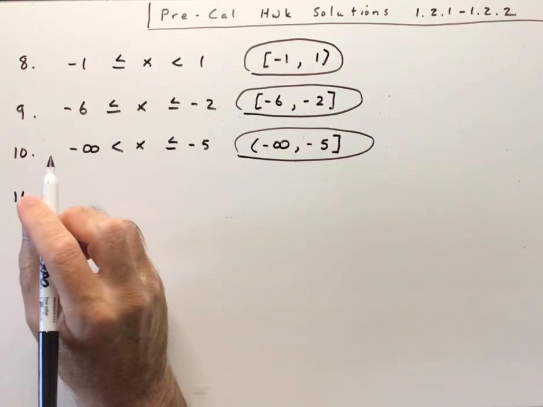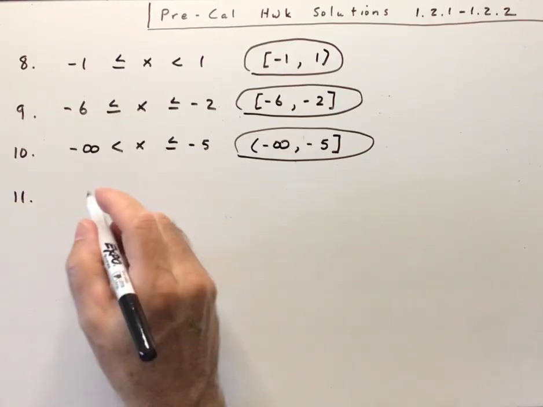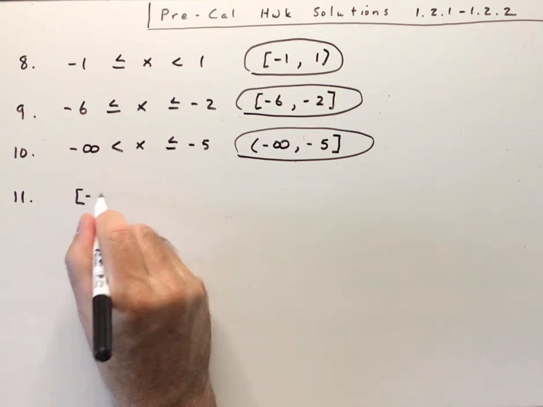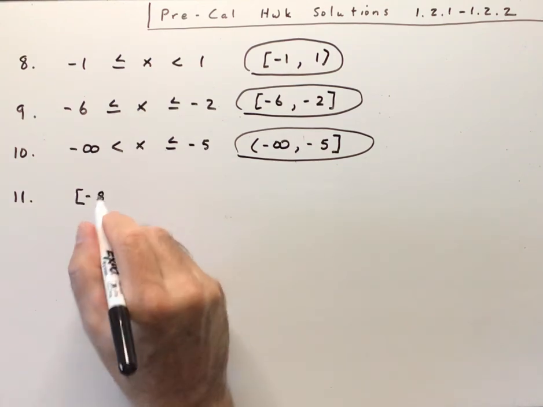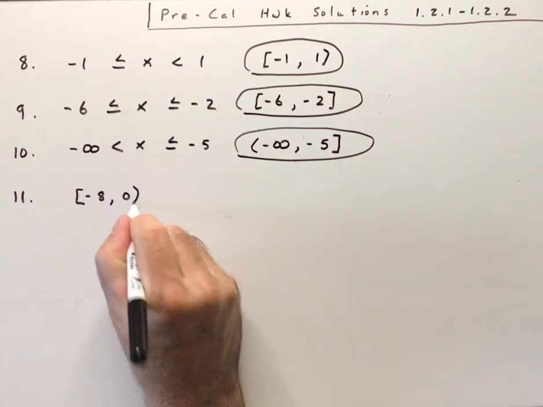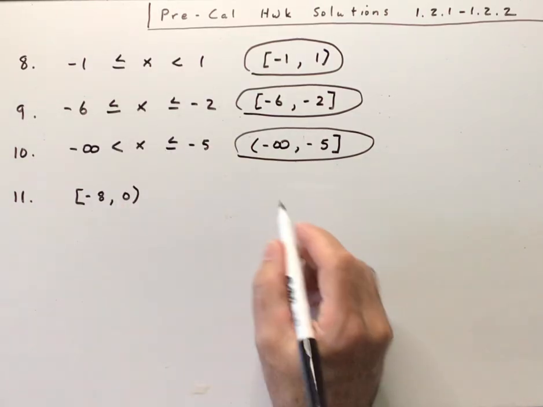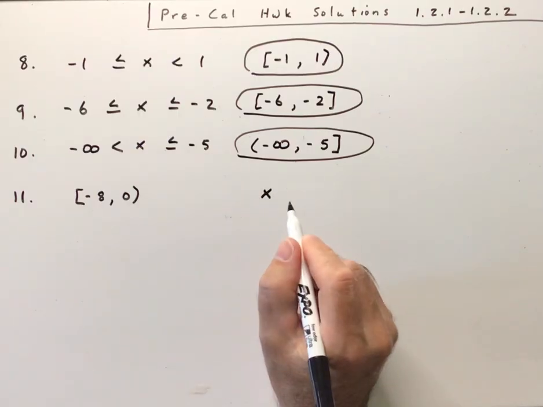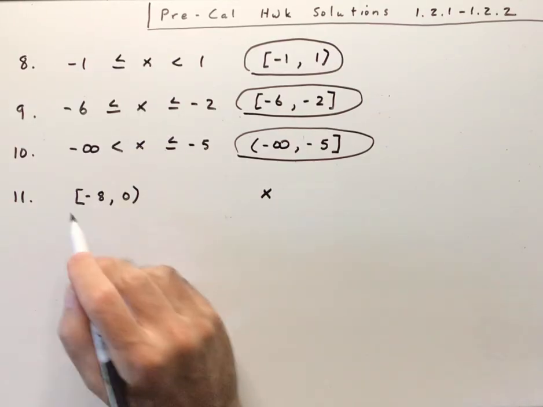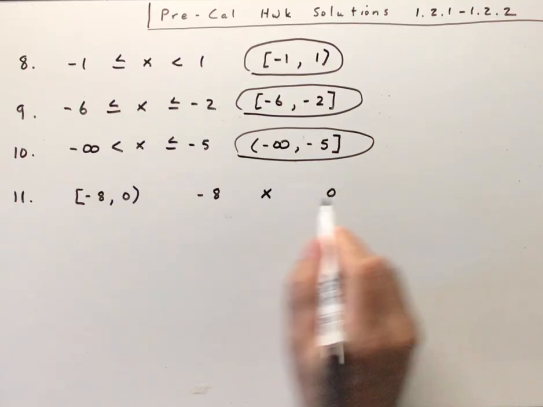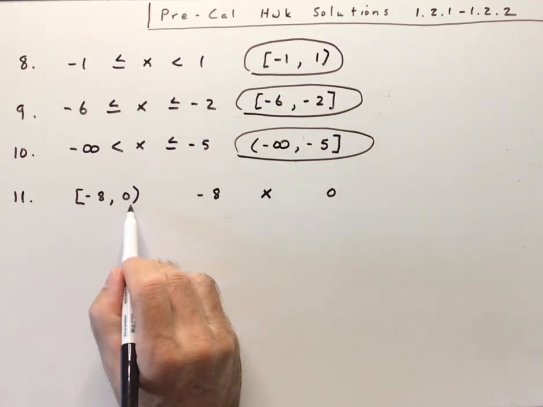Number 11, we want to write the inequality. So we're given interval notation, so -8 to 0. Okay, and we want to write it as an inequality. So we're going to have an x, so we put that there. We know -8 is on the left, 0 is on the right, because that's the way it goes in the interval.